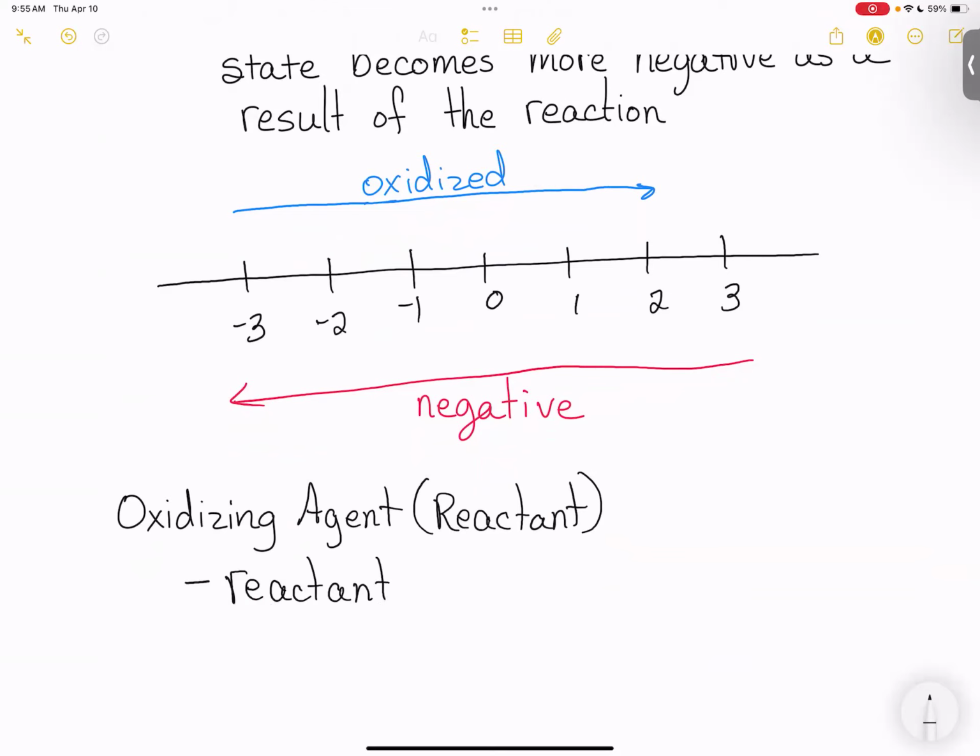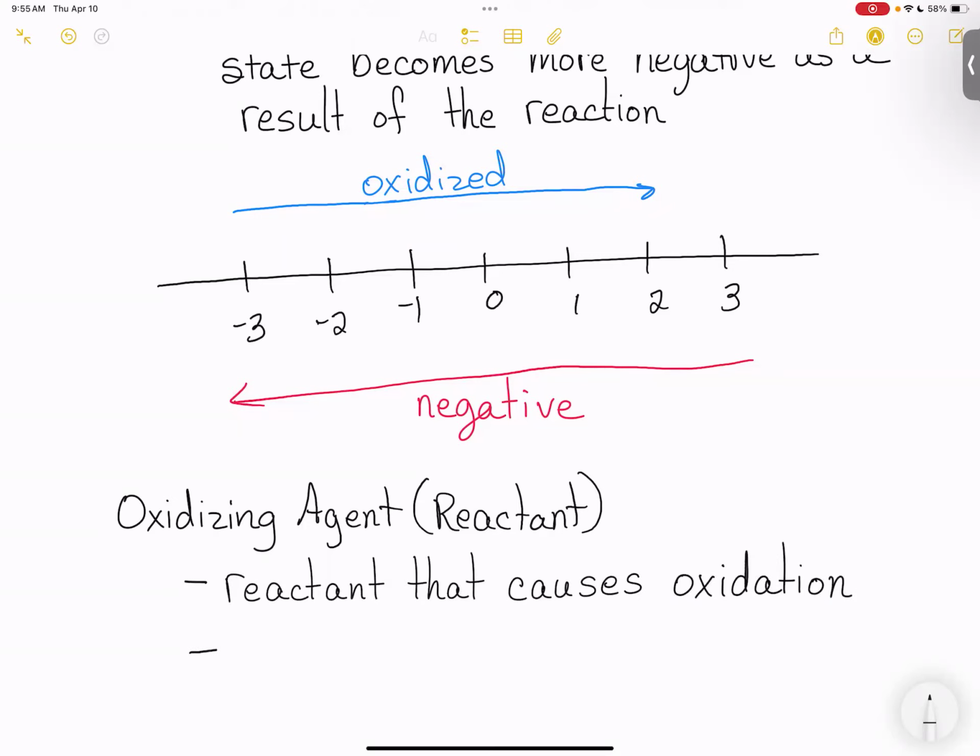It's the reactant that causes oxidation. And basically, in order to cause oxidation, it means it contains the element reduced. Because oxidation and reduction have to go hand in hand.